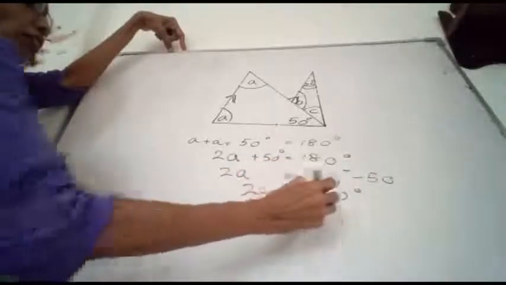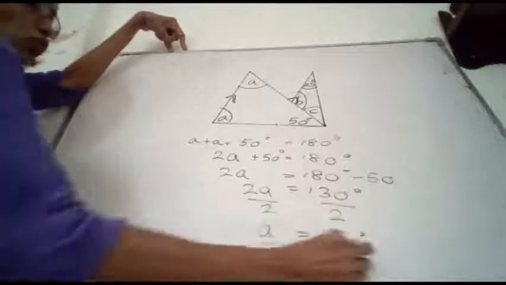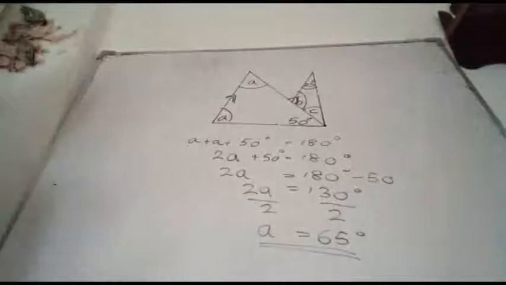Both sides divide by 2. A is equal to 65 degrees.